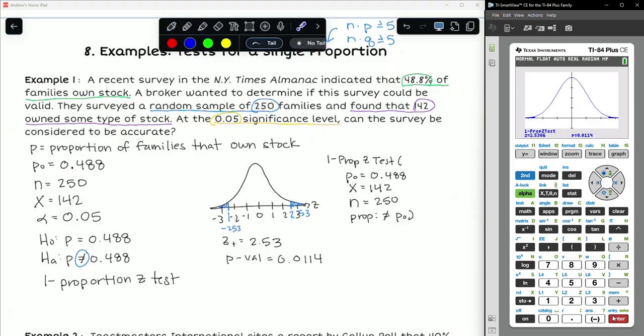If I'm interested in equal versus not equal, it could mean I'm down here or I'm up here. Either side would make me different from the claimed value, and so we check both tails, and that doubles the p-value.